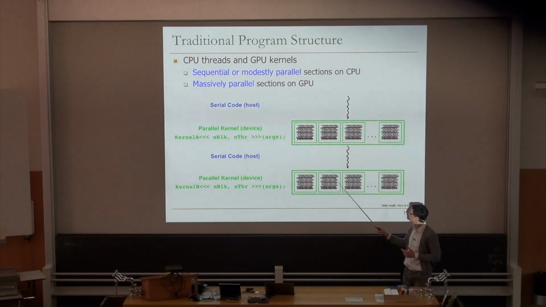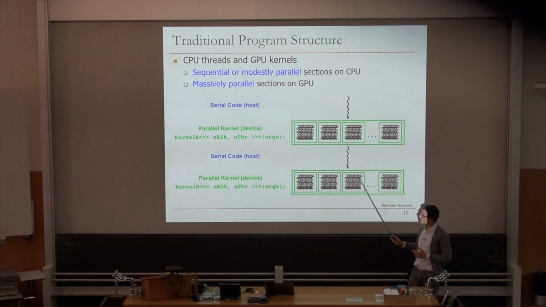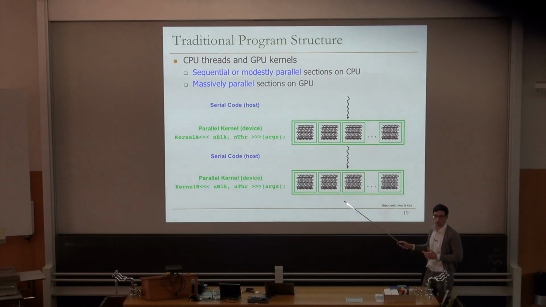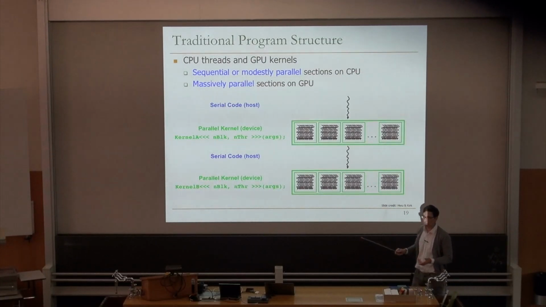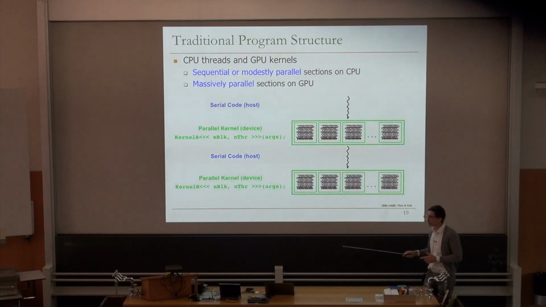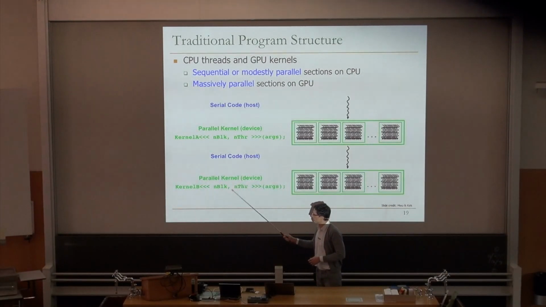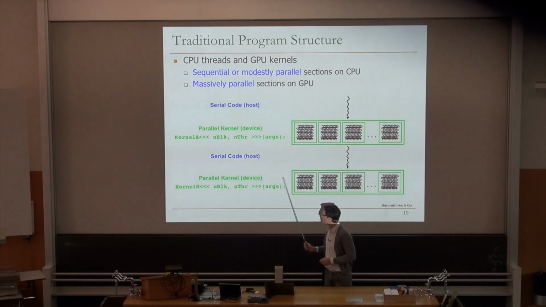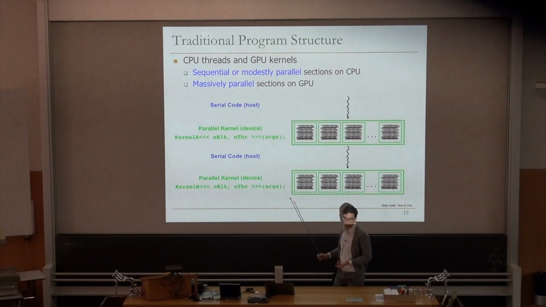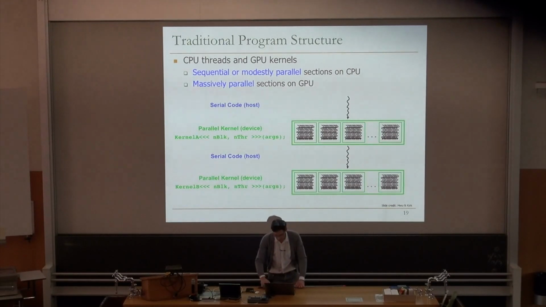So here you can see several blocks that belong to the same grid. Okay, so we talk about a grid composed by blocks, composed by threads. So we specify how many blocks and how many threads we want to launch for this kernel, and we have here the arguments of the kernel.